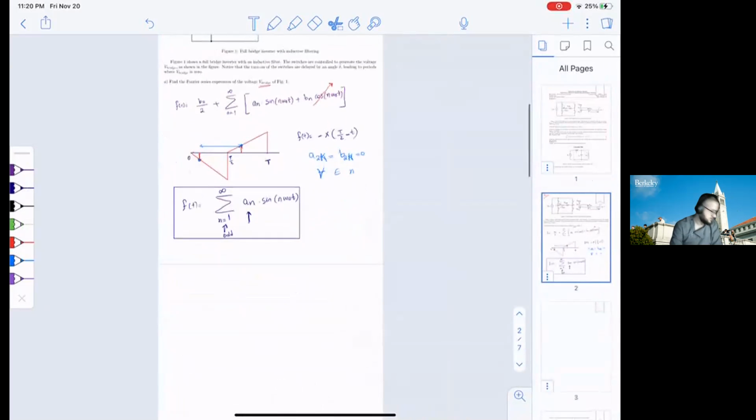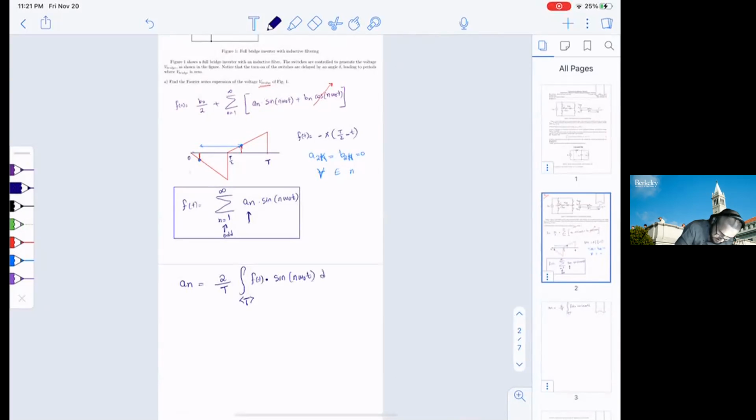All right, so find a sub n. The expression for a sub n is equal to 2 over T, an integral over 1 period T of f of t multiplied by sine of n omega naught t d omega naught t.